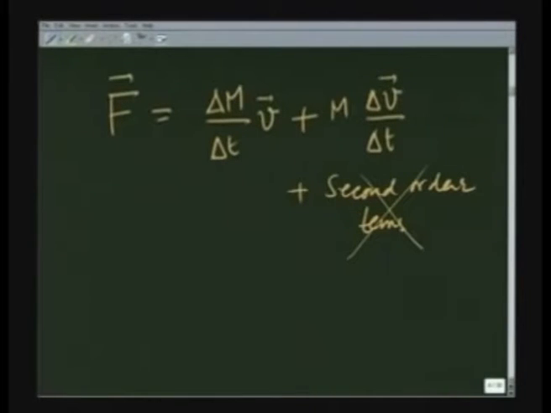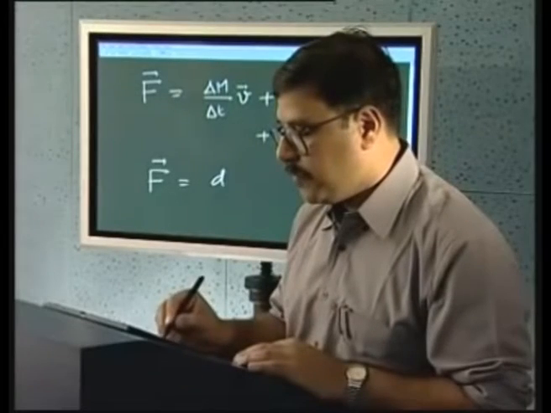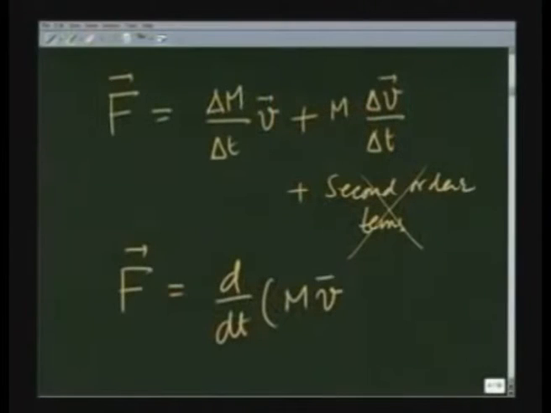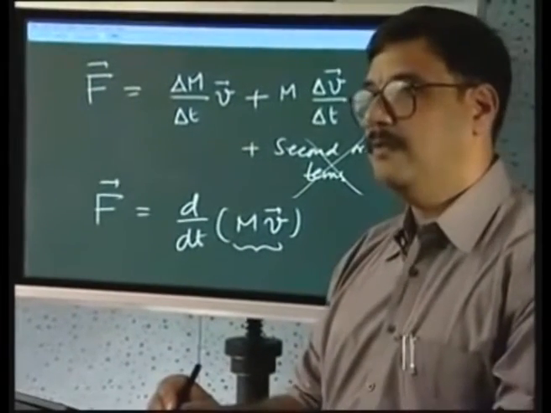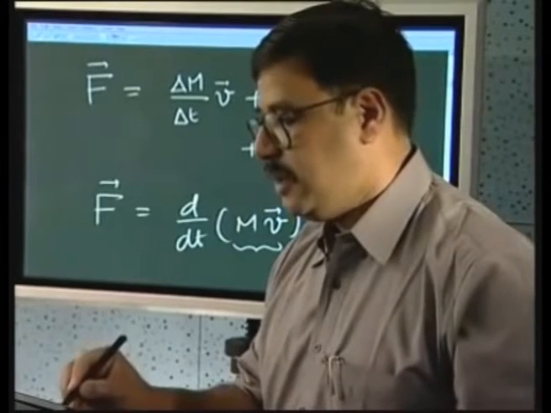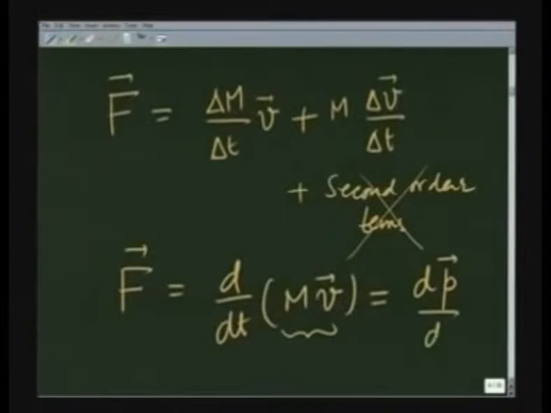So in general, I can write that the force is equal to d over dt of mv. This is the quantity which I define as the momentum of a mass moving with velocity v. So in general, I am going to write F equals dp/dt, where p stands for momentum.